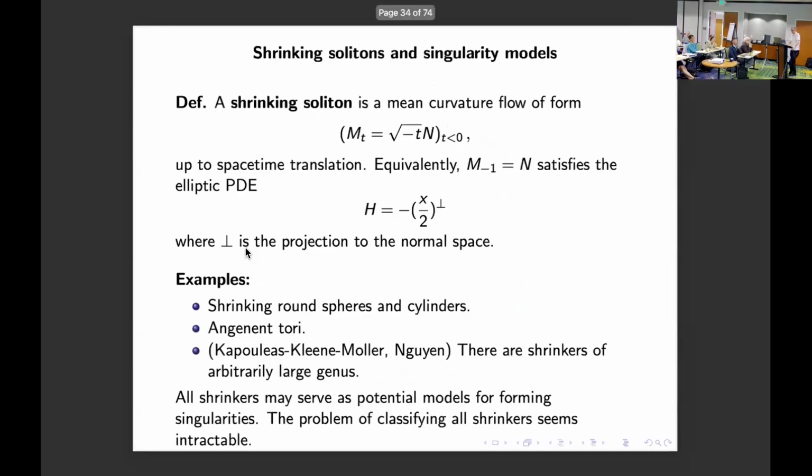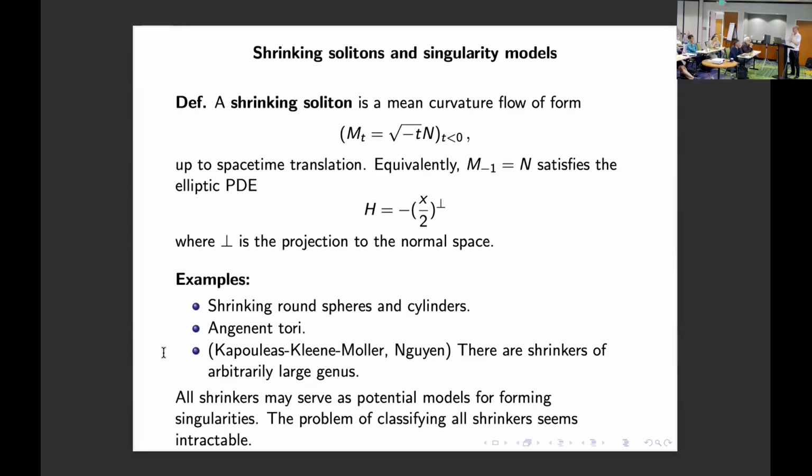Okay. So any such shrinker can potentially arise as a singularity, the way that the shrinking round cylinder modeled the neck pinch singularity. There have been many examples constructed, and I think Brian already mentioned that there doesn't seem to be any hope of classifying shrinkers.